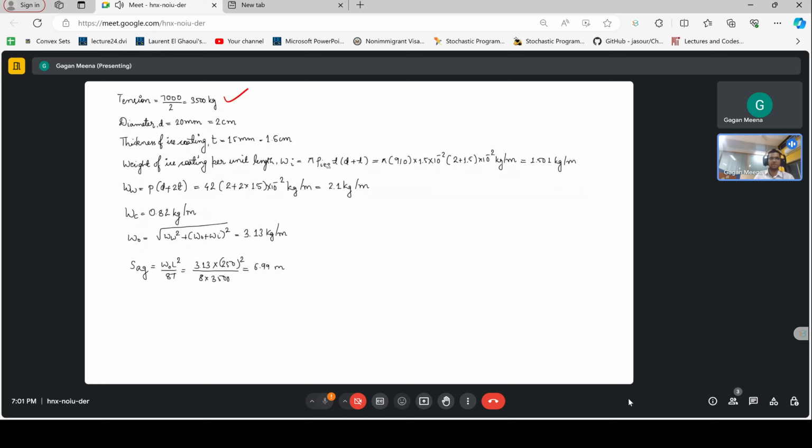Overall, this is total D. This thickness is t, this is also t. So wind is acting like this.